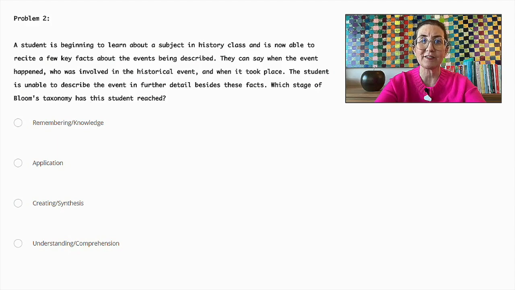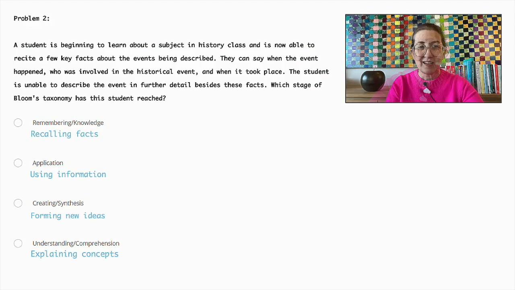When determining the stage of Bloom's taxonomy a student has reached by being able to recite key facts about historical events, we need to evaluate our options. Application involves using information in new situations, which the student is not doing. Creating synthesis involves combining information to form new ideas, which is also beyond the student's current capability.